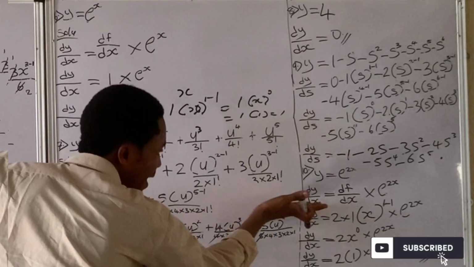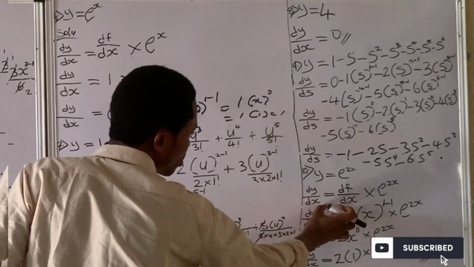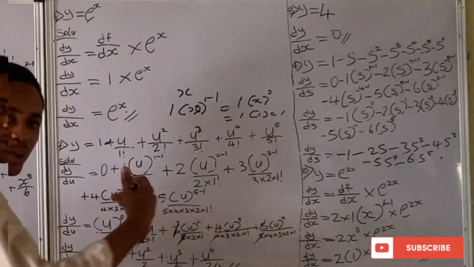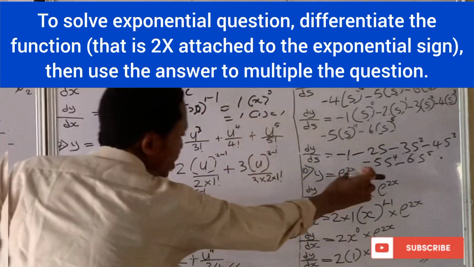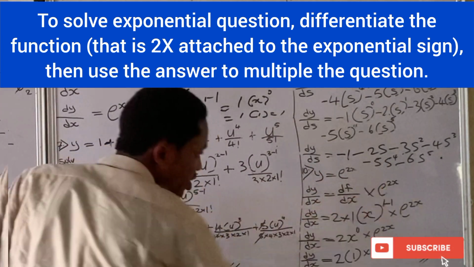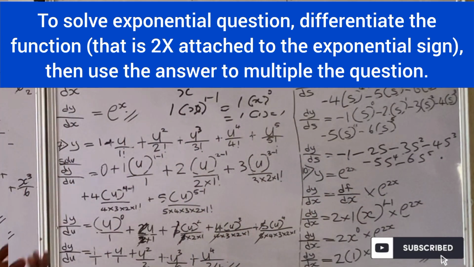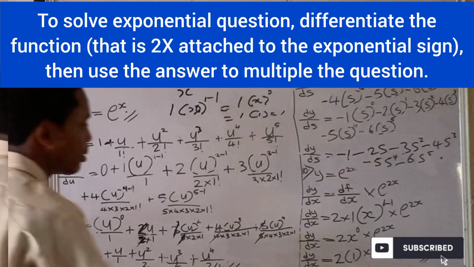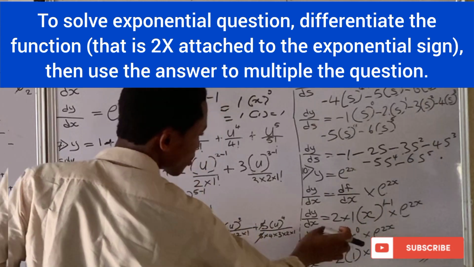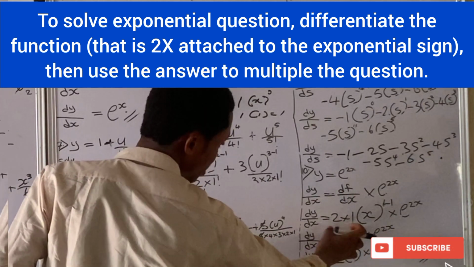Now, dy/dx equals the derivative of the function, which is the 2x, times the exponential 2x. Now, dy/dx equals the function, which is the 2x, right?